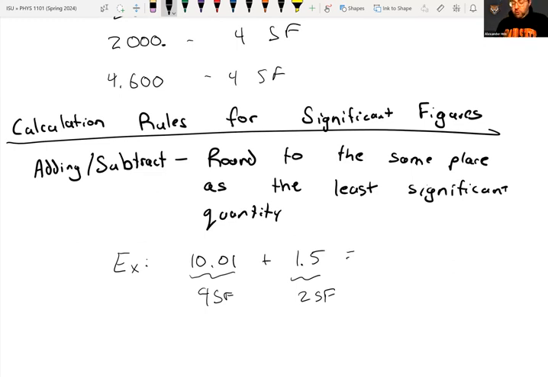All right. So we'd go, 10.01 plus 1.5. This equals 11.51. But then we have to round to this place. So we're saying round to the tenths place.